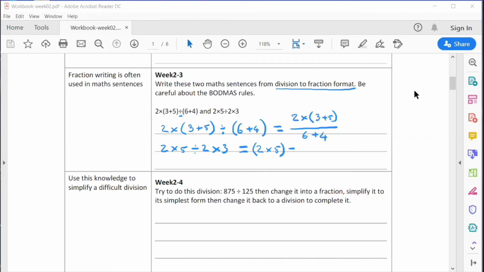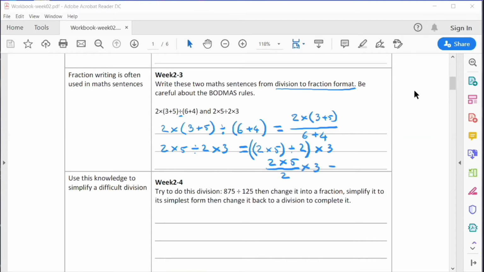And that is divided by 2. After that is done, then you have times 3. That's what it is. So when you write it, it will become something like this: 2 times 5 over 2 times 3.